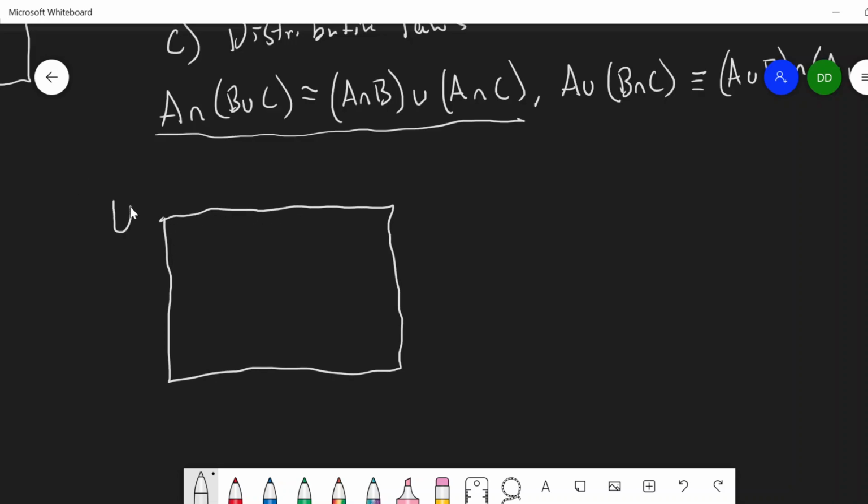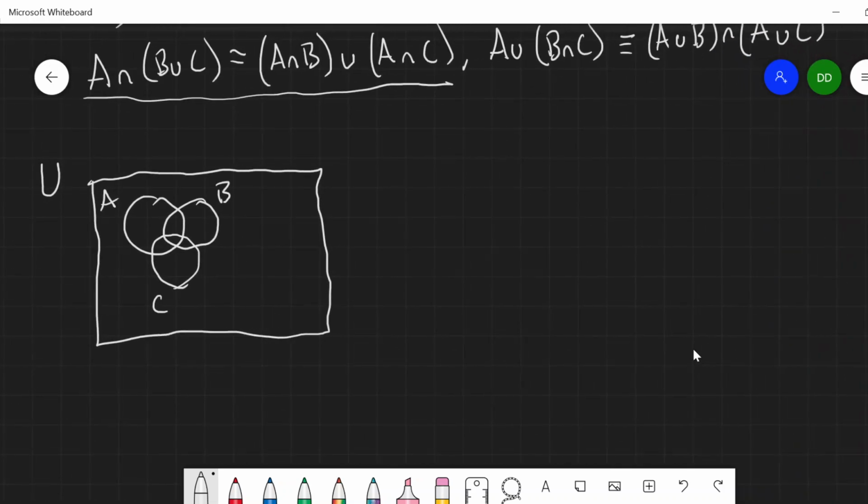Here's my universe of discourse, or my universal set, and I have three sets, A, B, and C. This would be the standard way you would draw three sets so that all possible intersections are there, and then I'll indicate by shading what is under consideration for a particular operation. I want to depict A intersect B, A intersect C, and then take their union, and show that that's the same thing as A intersect B union C.